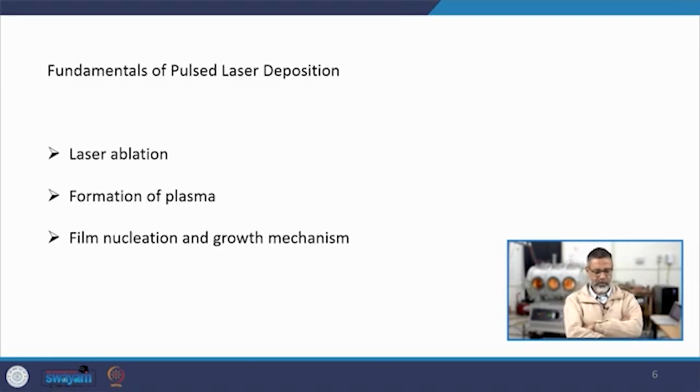First is the ablation of the material. As I have already mentioned, the target will absorb the laser light, and slowly the temperature will reach the melting temperature. After melting, vaporization takes place and the material is ejected from the target, and the plasma forms.